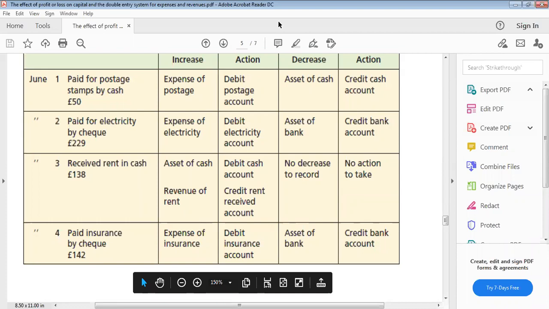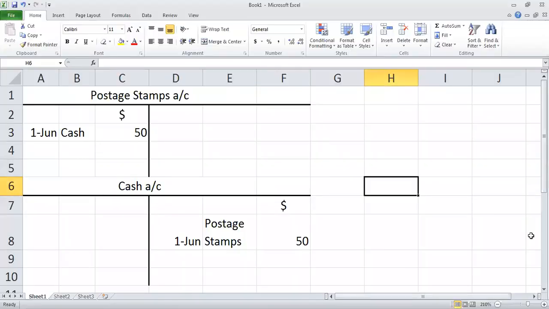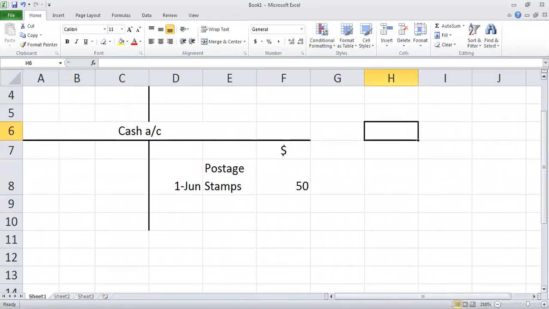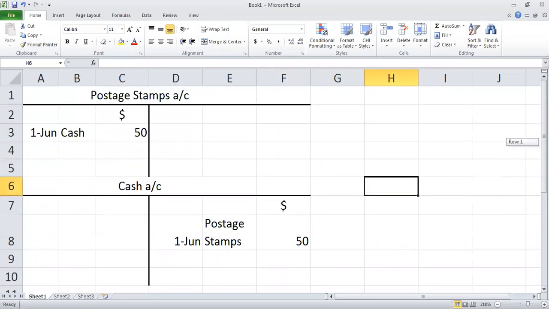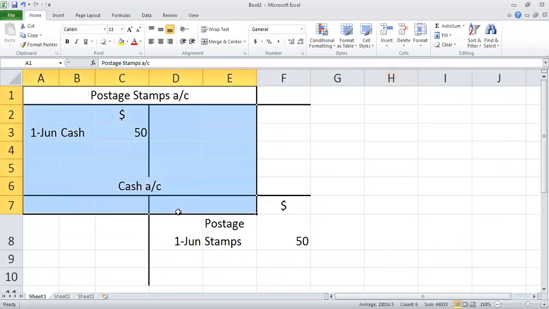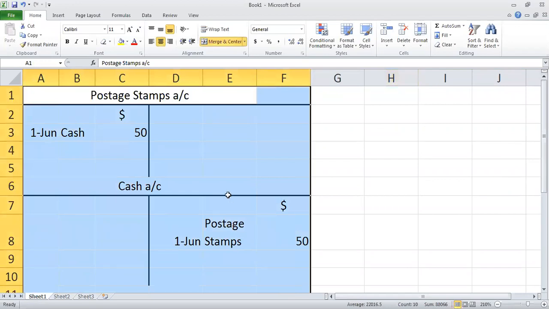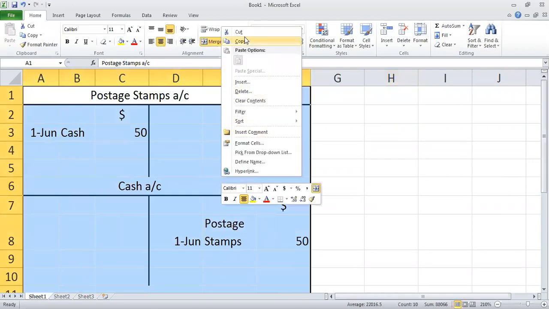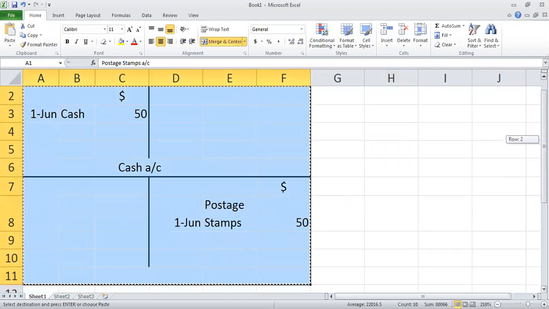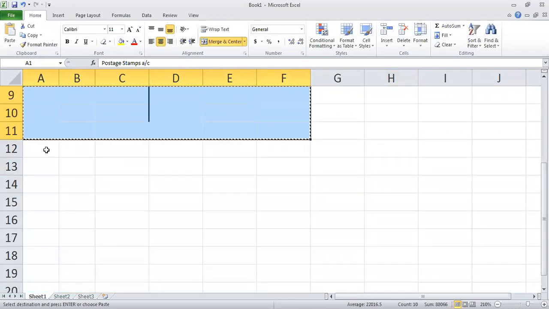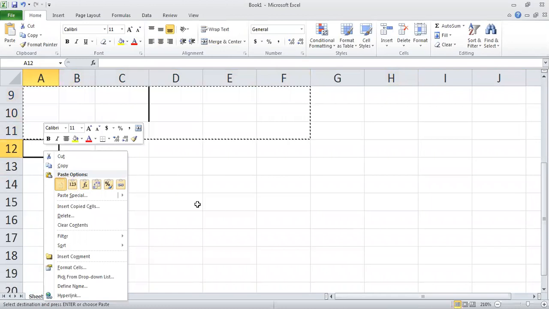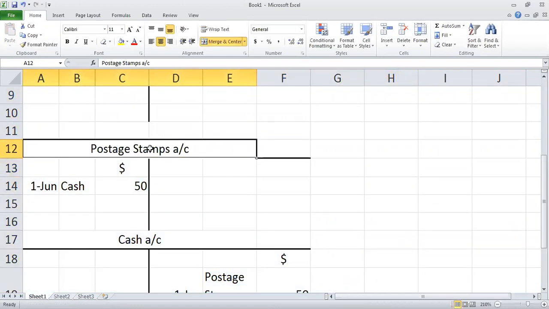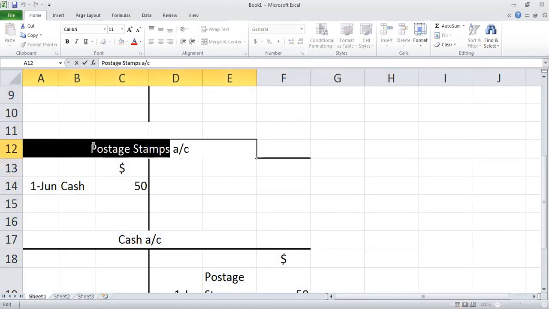Let's look at it now on the screen. So I'm going to create an electricity account now and a bank account as well. I'm going to call this one electricity account.